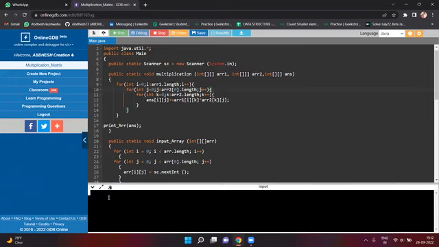This is the logic. Wait. Can't multiply.